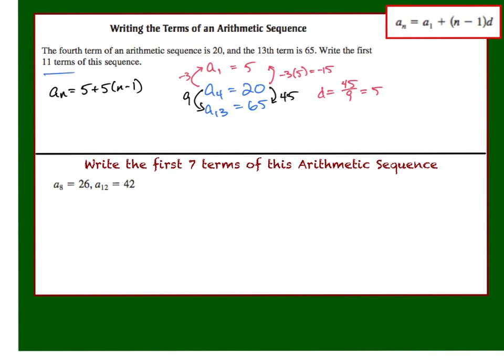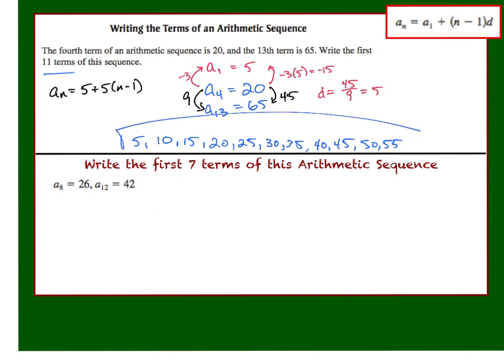So here we go. We start with 5, and then we get 10, and then 15, and then 20, and then we don't want to go any further because that's 11.